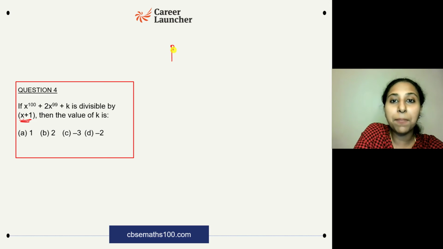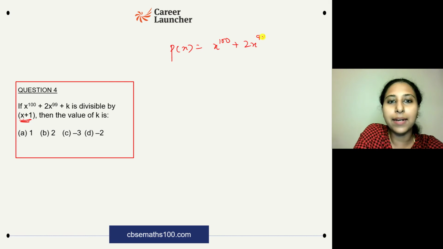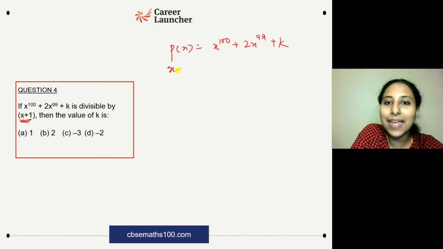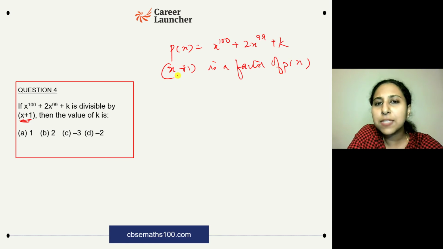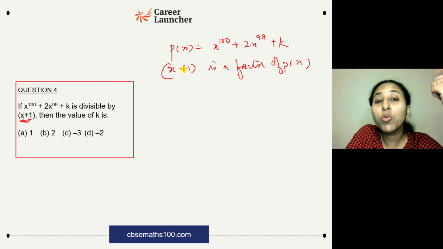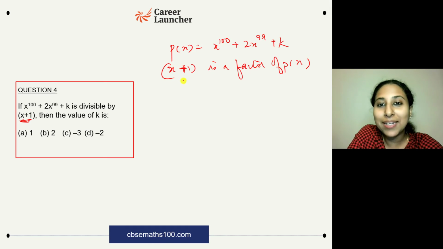So when I'm saying that p of x equals x to the power 100 plus 2x to the power 99 plus k, and that it is divisible by x plus 1, this is the same as saying that x plus 1 is a factor of p of x. If x plus 1 is the factor of p of x, then what would be the 0 of p of x? Minus 1 is a 0 in that case.